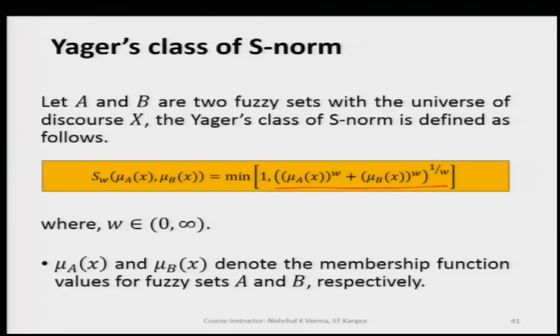Here w is a parameter of Jaeger's class of S norm, and this w can take any value between 0 and infinity.